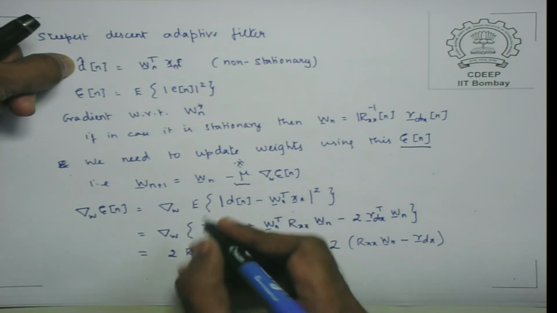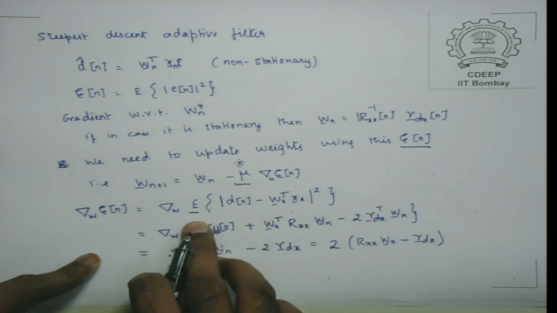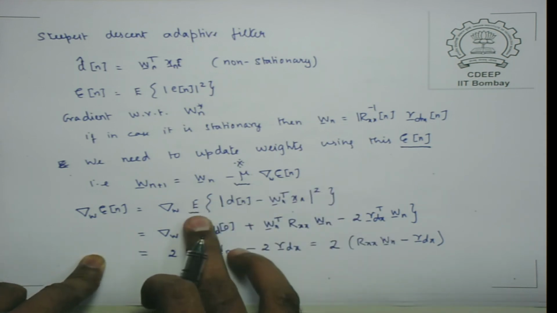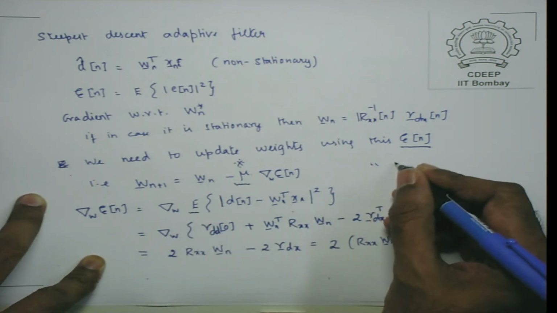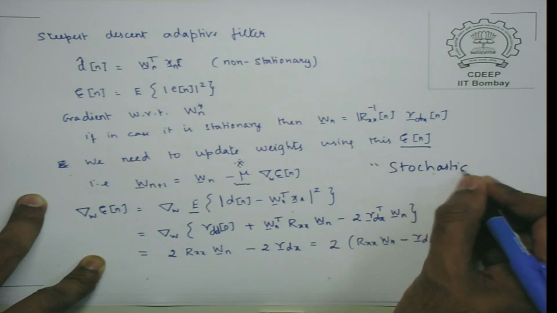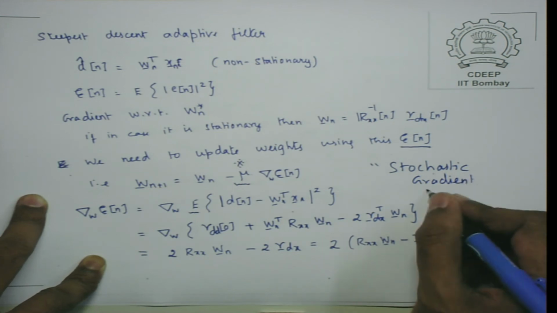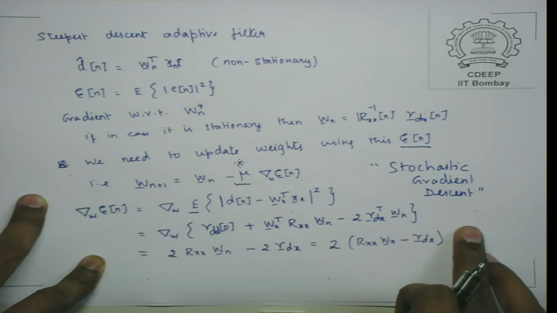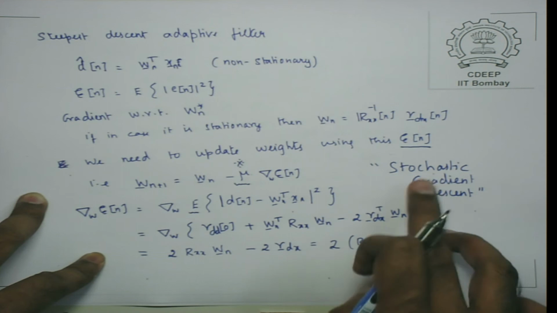So this is something which makes it different from the standard gradient descent, because there is some kind of randomness or stochasticness to this. So this class of algorithms can be looked at as stochastic gradient descent. For those of you who are familiar or know a little bit about machine learning, this is that stochastic gradient descent.